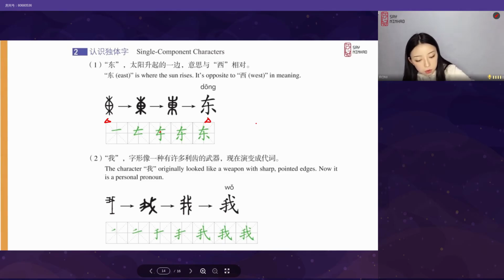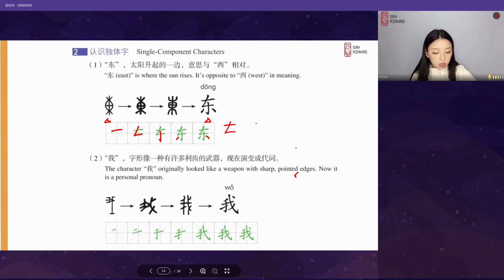First one, we will write a horizontal at the upper structure of this word, and then a left falling to turning, and then a vertical hook, and then two dots. Try to write it with me.